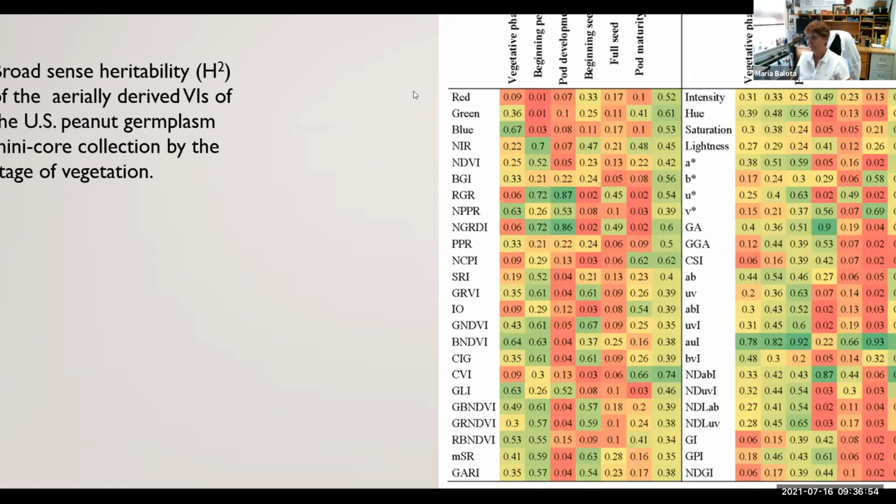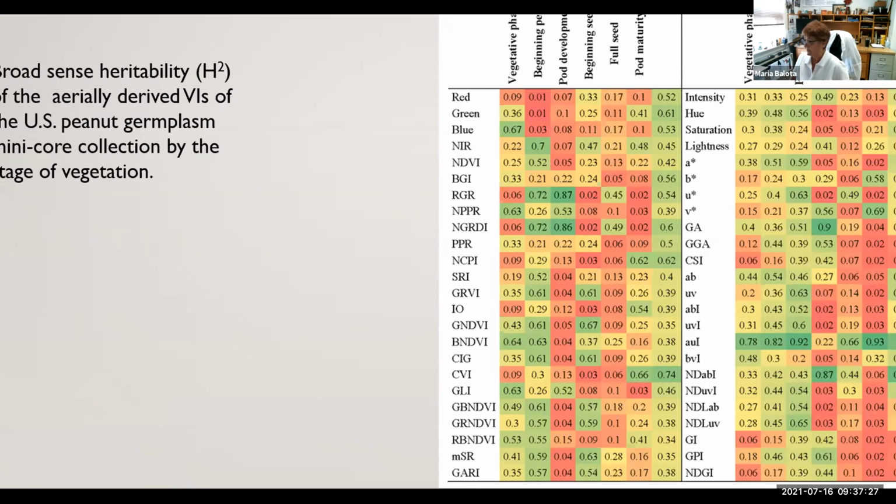However, if you take vegetation indices across different stages and use the average of all vegetation stages, based on the heritability data that I have here, it looks like you are probably more successful at getting the differences that will increase the genetic gain that you're looking for.